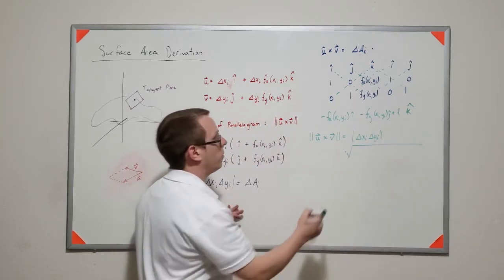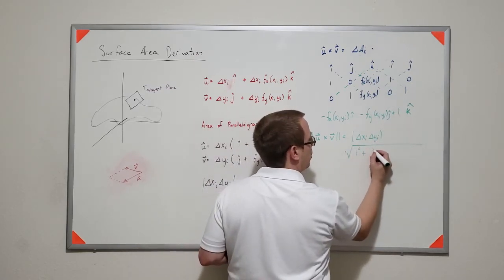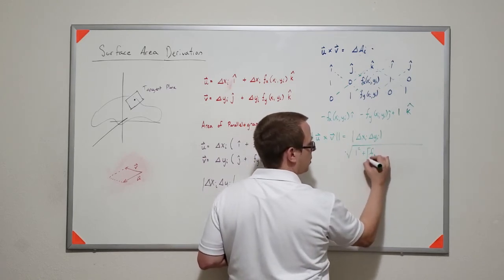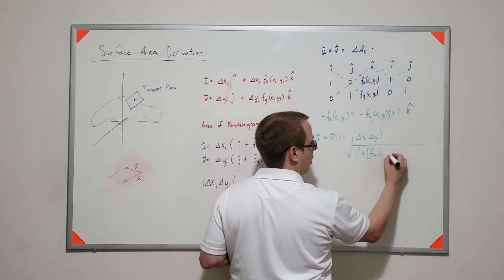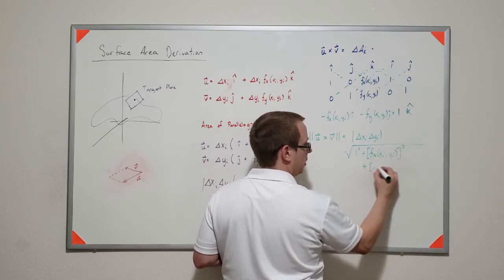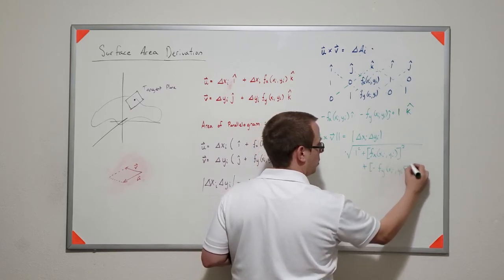I'm going to start with 1 squared plus, and that's really negative f sub x at (xi, yi) squared plus the negative f sub y at (xi, yi) squared.